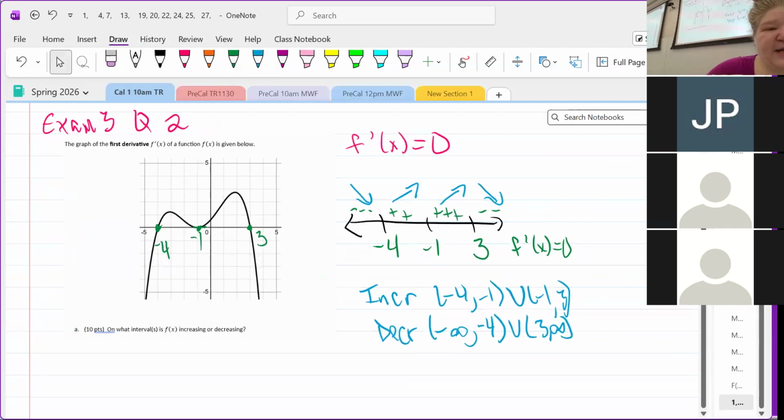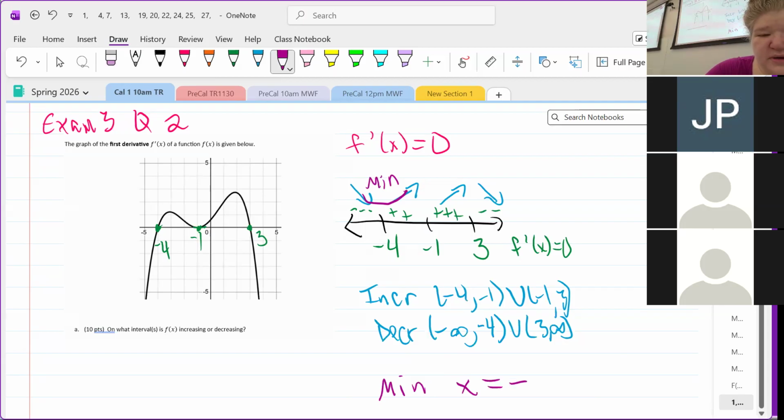All right, then the follow-up question was, where does this graph have a maximum or a minimum? Like, where does the function have a max or a min? Not where does the derivative have a max or a min? So the function goes from decreasing to increasing at -4.